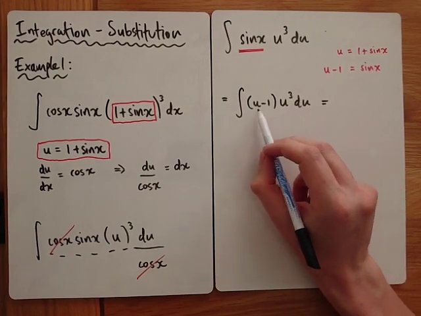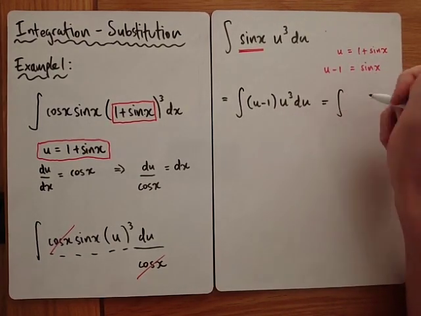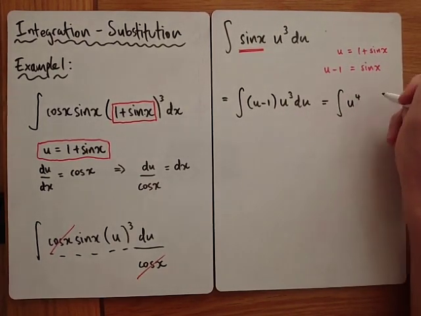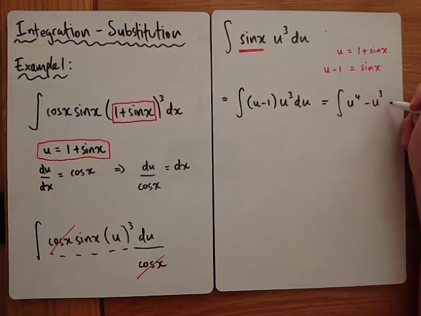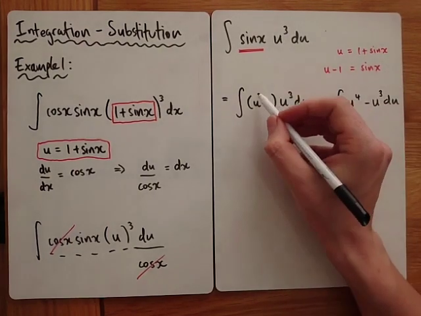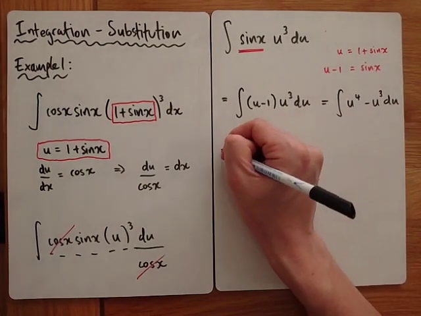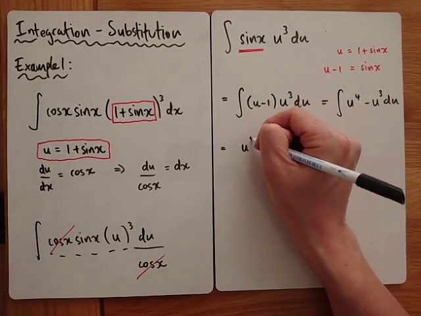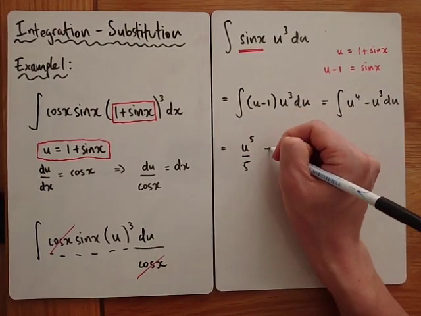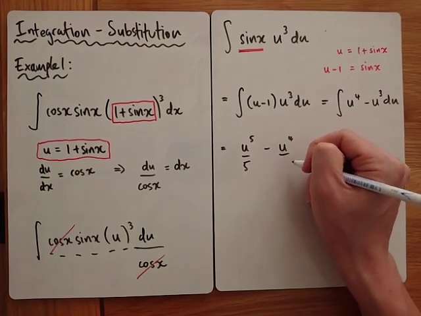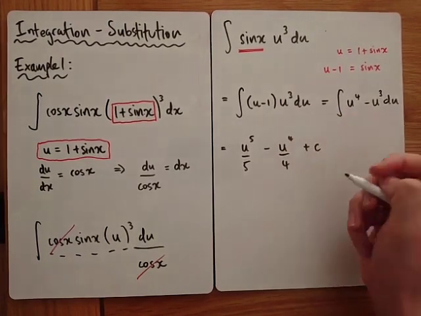Just think about index form before we integrate this. So that would be u to the power 4 minus u cubed du, just by expanding this. And now we can integrate. Add 1 to the power, divide by the new power. Don't forget plus c.